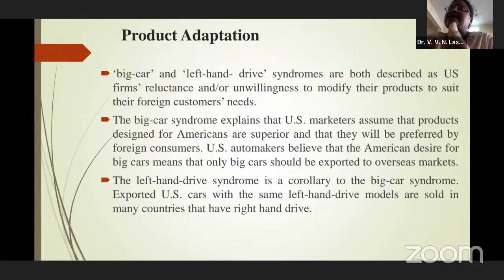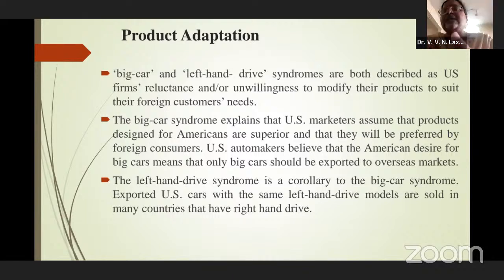That is, cars having steering on the left side. They were exporting the same cars to other markets, which were very unsuitable to those markets because the driving patterns were very different.